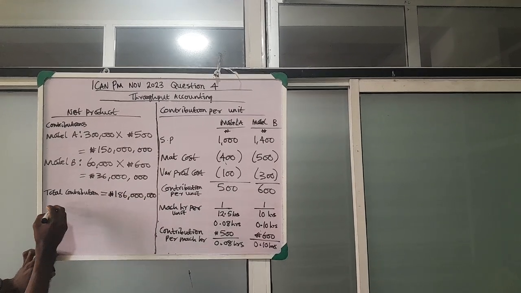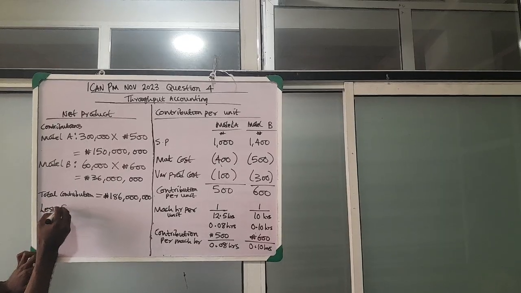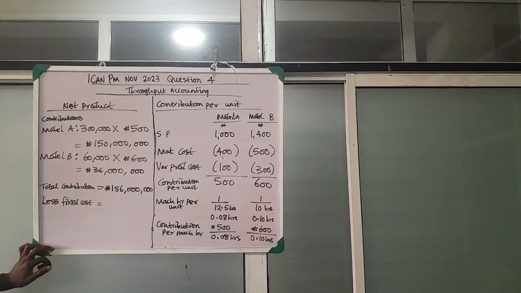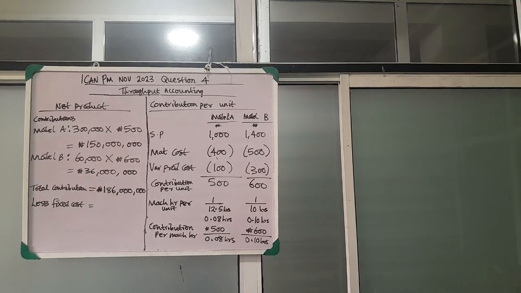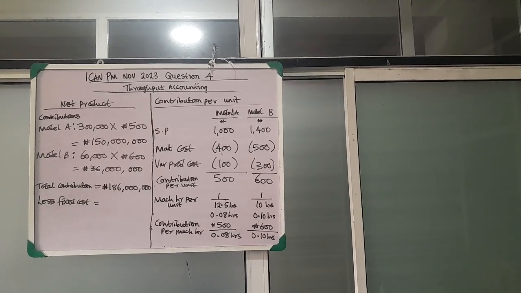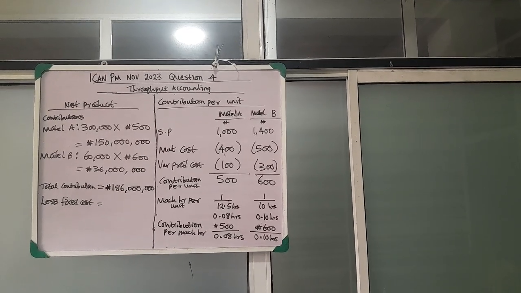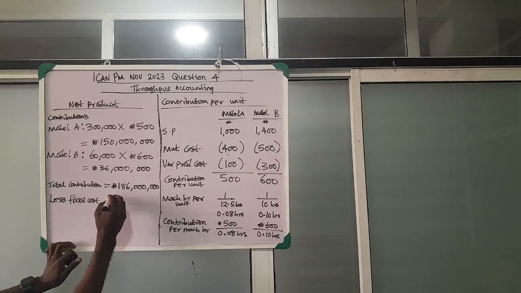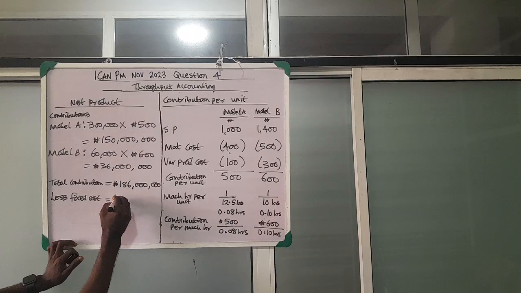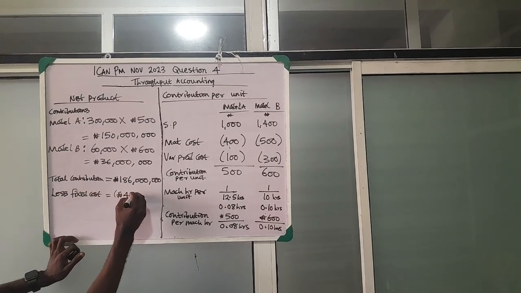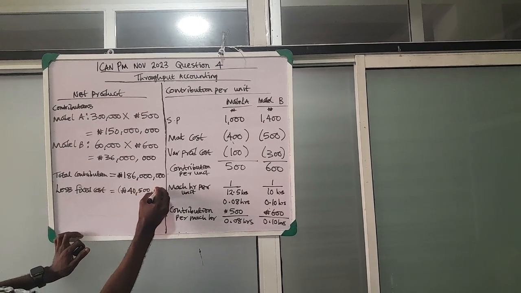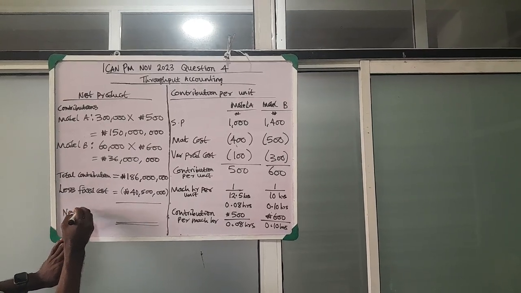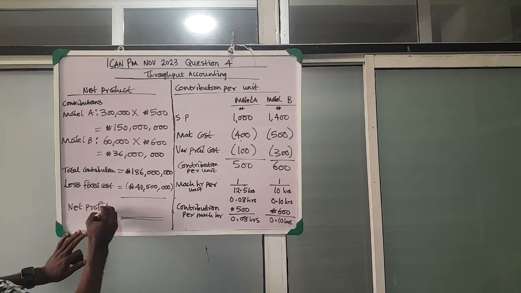From the 186 million, I will less the fixed cost. The fixed cost, as provided in the equation, they told us is 40,500,000. If I less the 40,500,000, I have what we call the net profit.